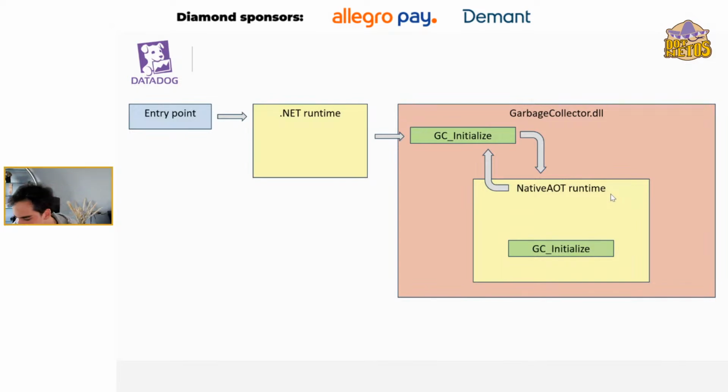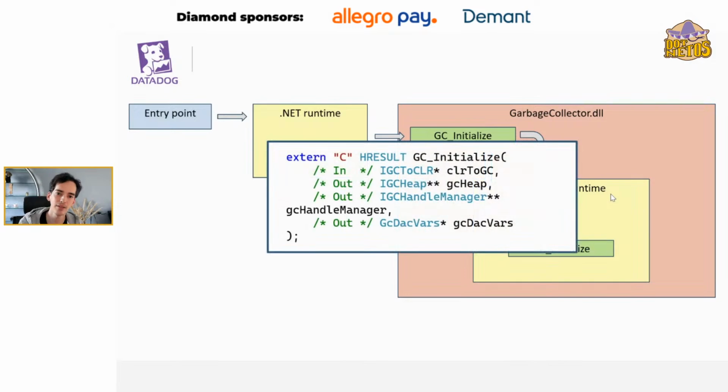And I'm not 100% sure of why this is happening, but part of the answer is that if we check the source code of the NativeAOT runtime, we can see that the GC_Initialize is written as an export. And the problem is that in an application, you can have only one export with a given name.